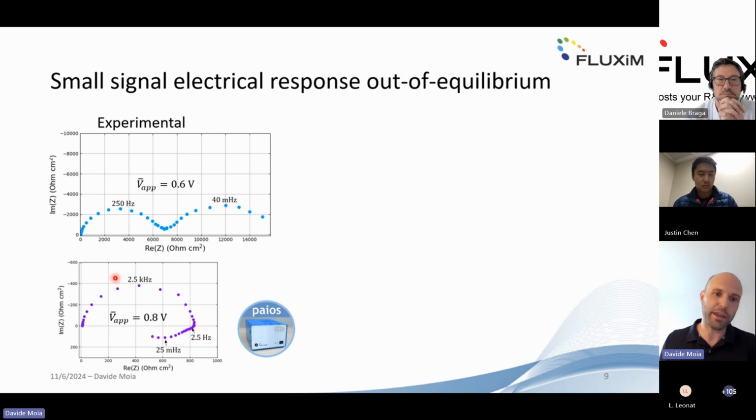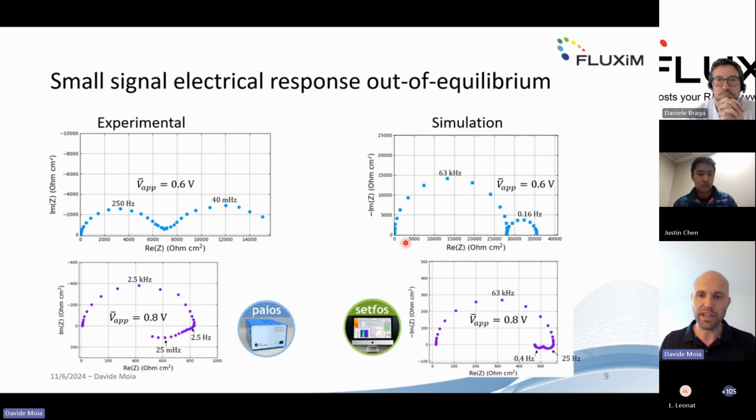And interestingly, such behavior can happen within the same device just by changing the steady state condition. An important point is that if we do a simulation, for example, with SETFOS of a device, we can at least qualitatively reproduce the same behavior, meaning that the drift diffusion model already contains all the elements that are required to understand these complex features.